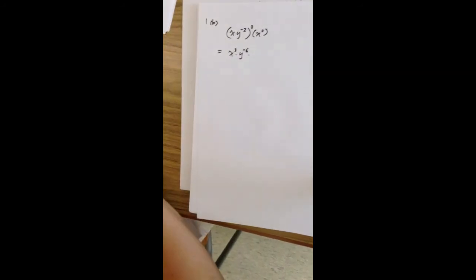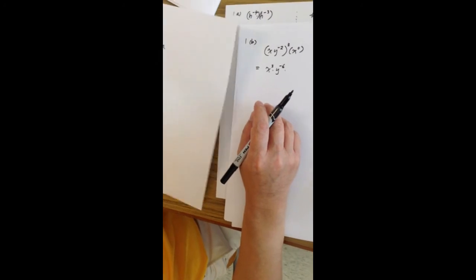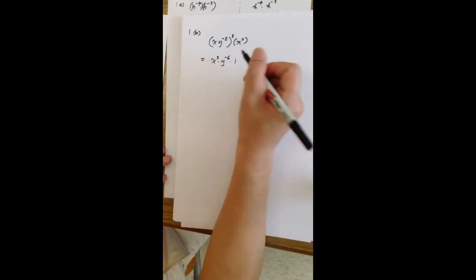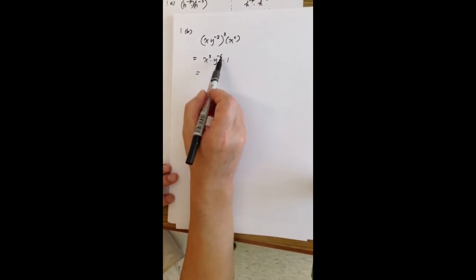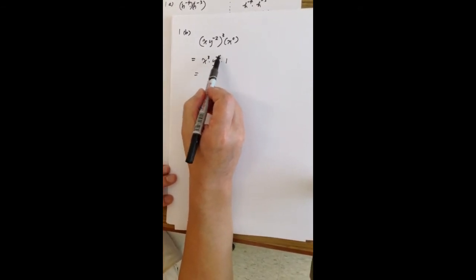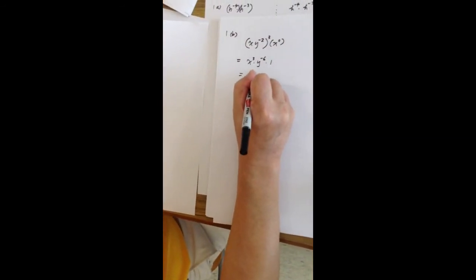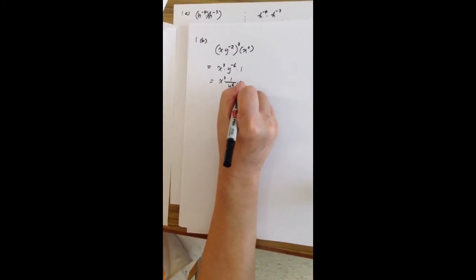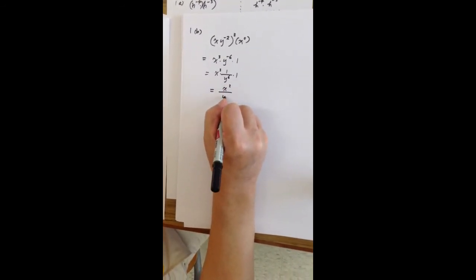In section 4.1, we didn't know it. But after section 4.2, you know that x to the power 0 is equal to 1. Therefore, the value is 1. And then finally, we will make the negative index into a positive index by using formula 2. Therefore, the answer is x to the power 3 times 1 over y to the power 6 times 1. And the answer is x to the power 3 over y to the power 6.